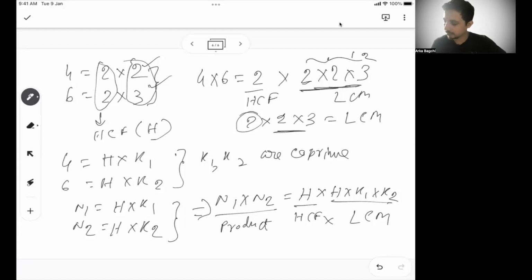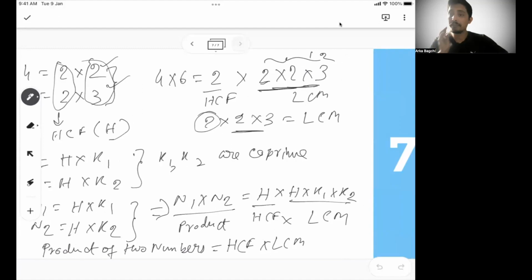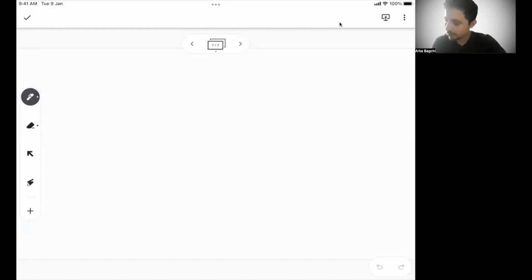So what we can say is, product of two numbers equals HCF into LCM. A very, very important topic here. Please pay attention, and this is only valid for two numbers.